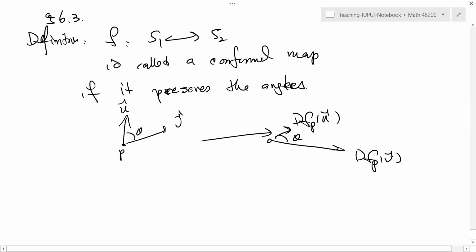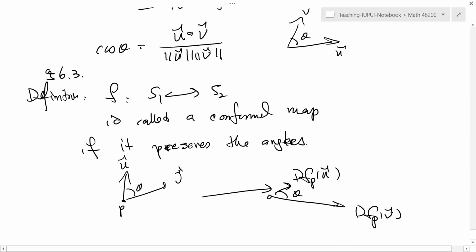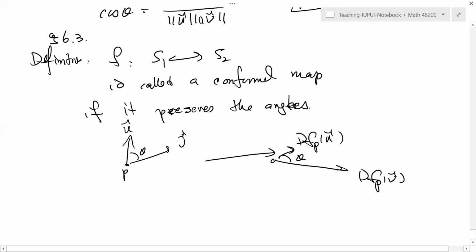In the last example I showed you, a curved surface can be mapped to a flat piece of surface in R2, a flat plane. But not every surface can be mapped, locally at least, to a piece of the plane.